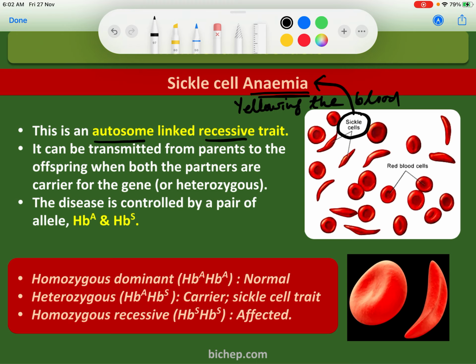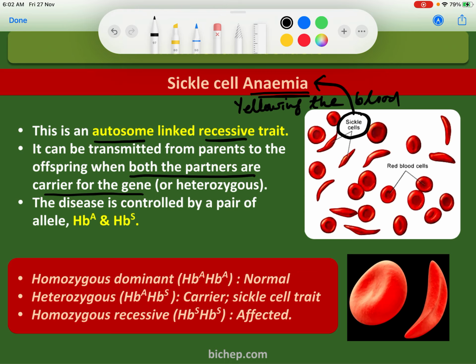This is the only requirement: when both parents are carriers, or heterozygous, or definitely if they are anemic, then there is a 100% chance of forwarding the disease from one generation to the next. But even if they are carriers, there is a possibility of it spreading to the next offspring.